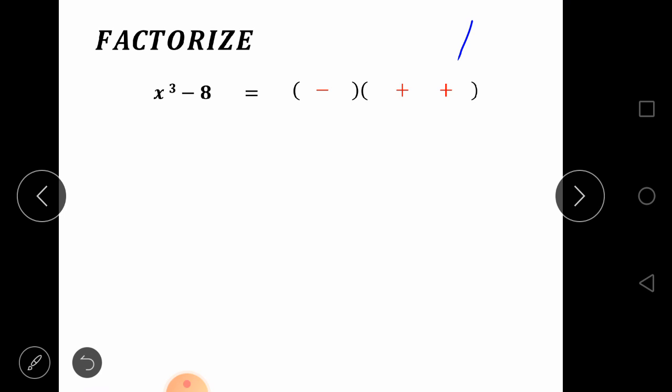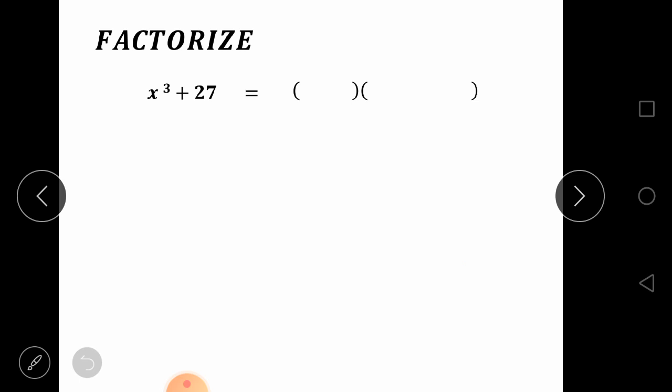Okay, we say that 8 is 2 raised to the power of 3. So it will be x minus 2, and here we put x squared plus 4, which is 2 squared, and the middle term is 2 times x, which is 2x. So this is the rule, difference between two cubes.